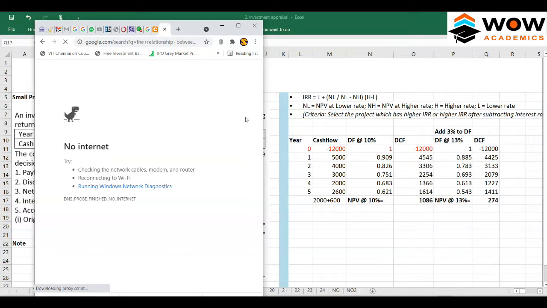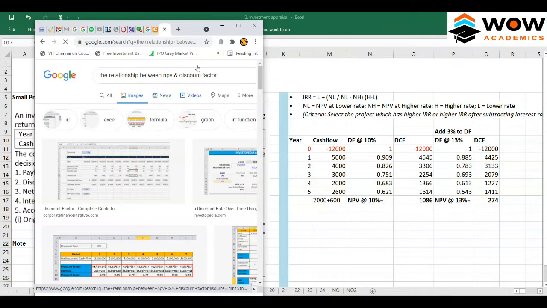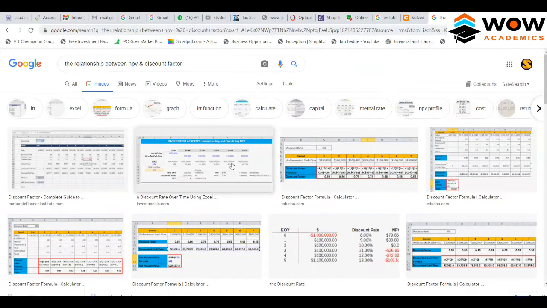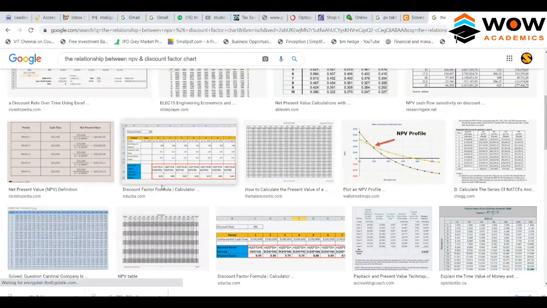Okay, I think we got it. So let's see an image. The image will be a downward sloping curve. Let's see whether we have a chart or anything like that. Okay, I think there's only one chart here.